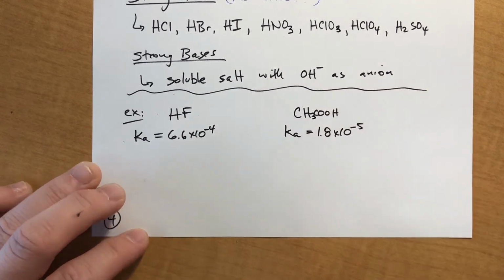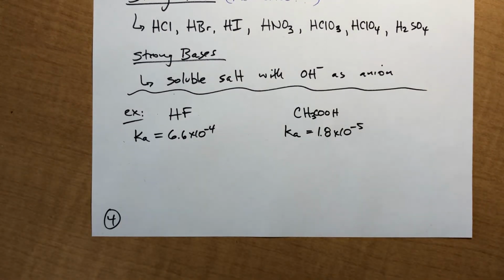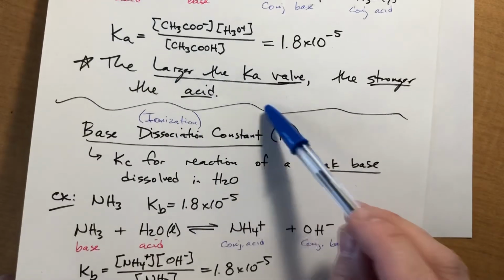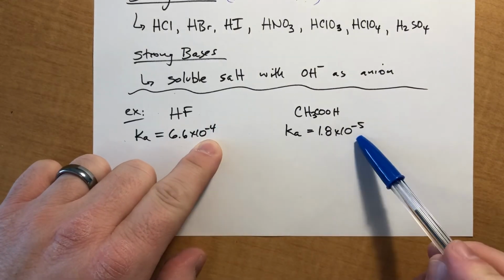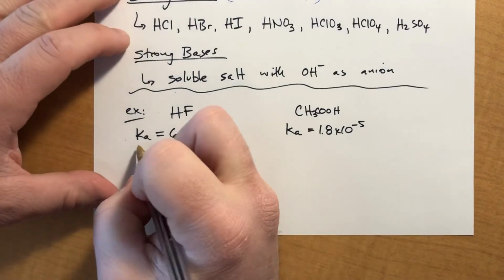We already saw that. So based off these Kas, which one is the stronger acid? Well, basically the larger the Ka value, the stronger the acid. 10 to the negative fourth is larger than 10 to the negative fifth. This is the stronger acid.